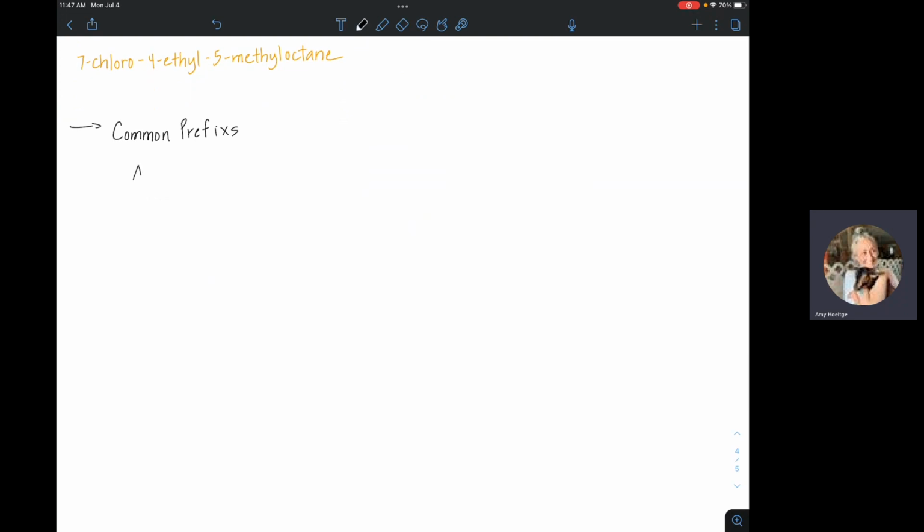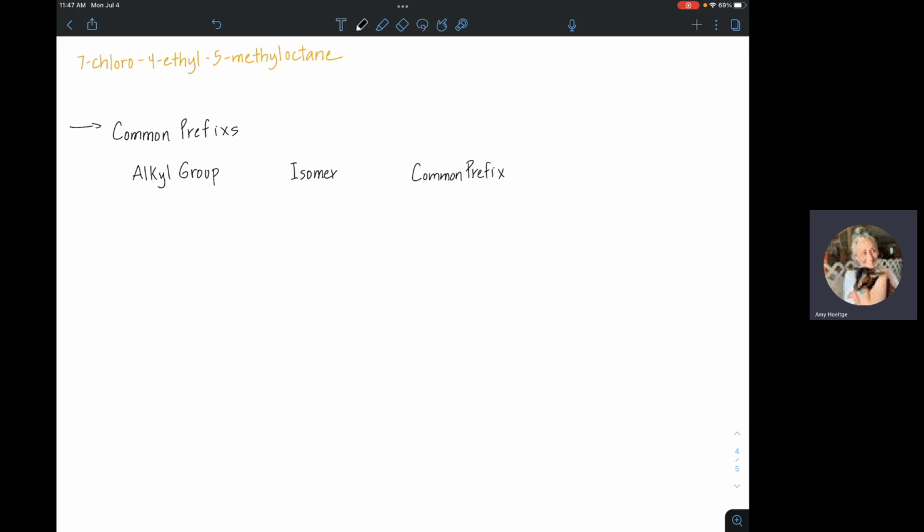So for example, we could make a list of alkyl groups where there are different constitutional isomers, right? So I could have the alkyl group followed by its potential isomers. We could have the common prefix that we would use in IUPAC nomenclature.